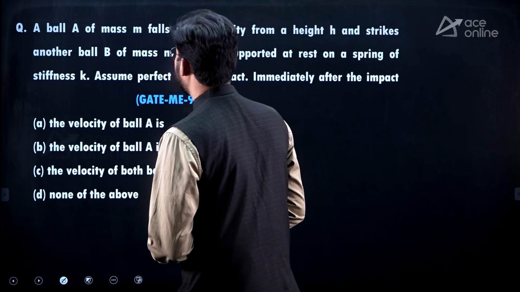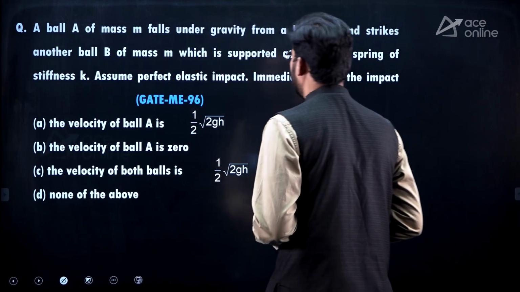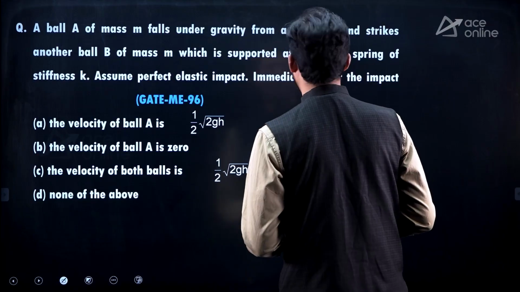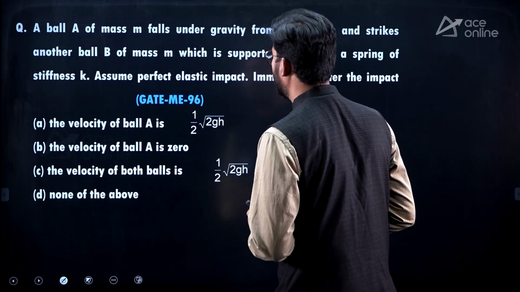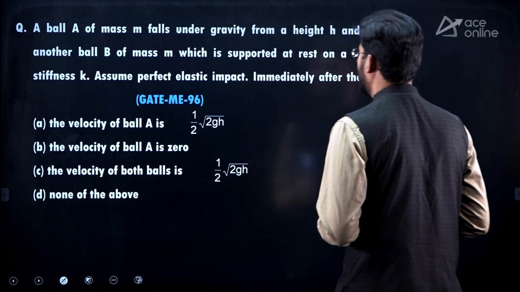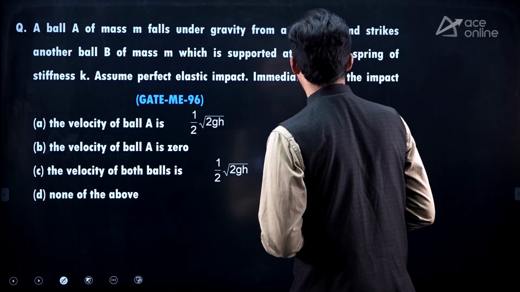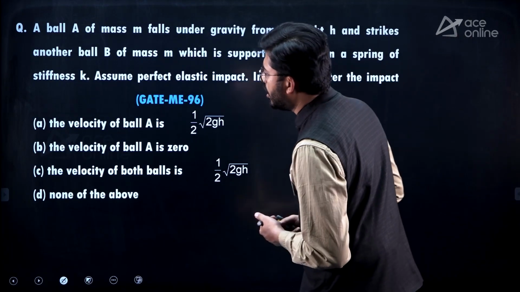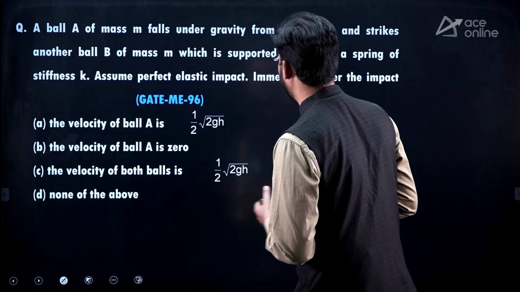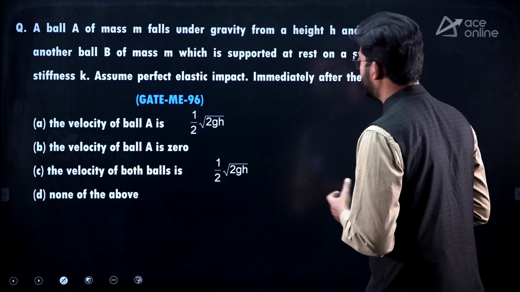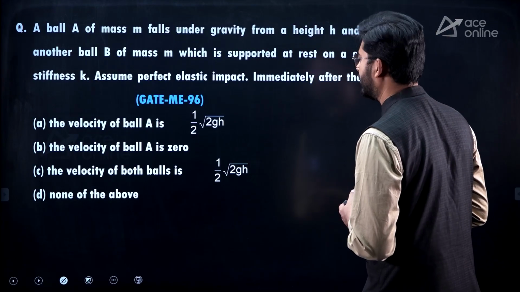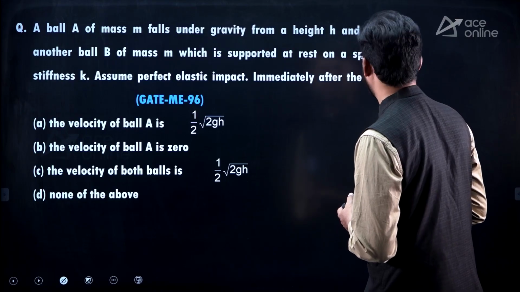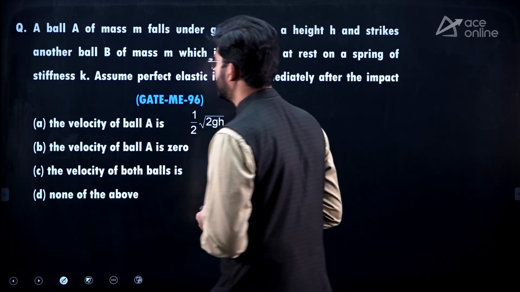A ball A of mass m falls under gravity from height h and strikes another ball B of mass m which is supported at rest on a spring of stiffness k. Assume perfect elastic impact. Immediately after the impact, the velocity is dash.